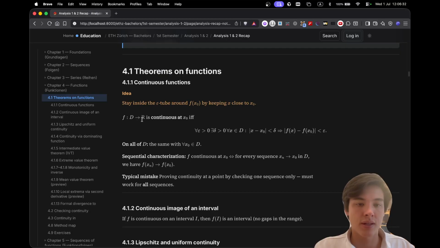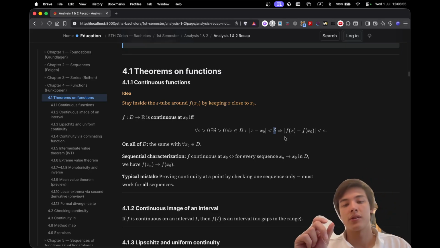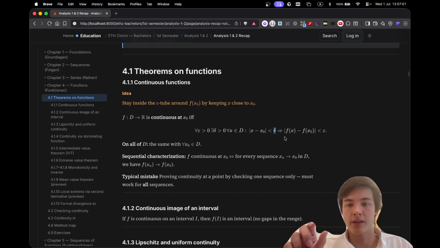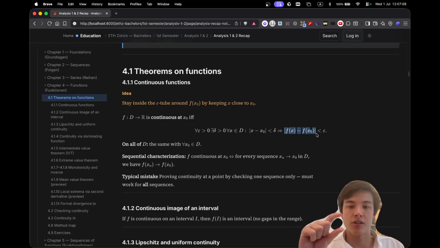On the real values, it's continuous at x0 if for every epsilon larger than 0 there exists a delta larger than 0 such that for every x in D, if the absolute value of x minus x0 is smaller than delta, then the output, the y's of the function, differ by less than epsilon.